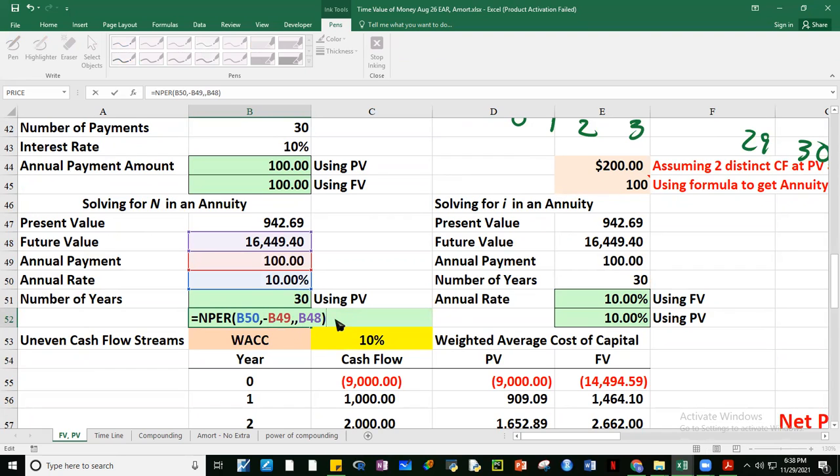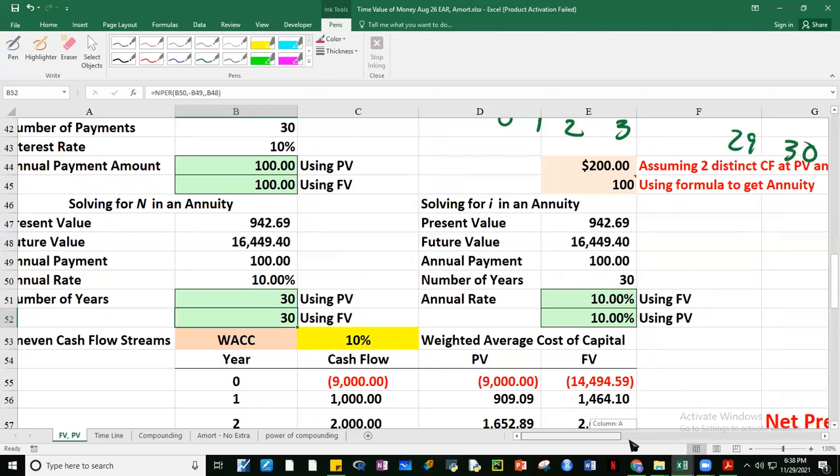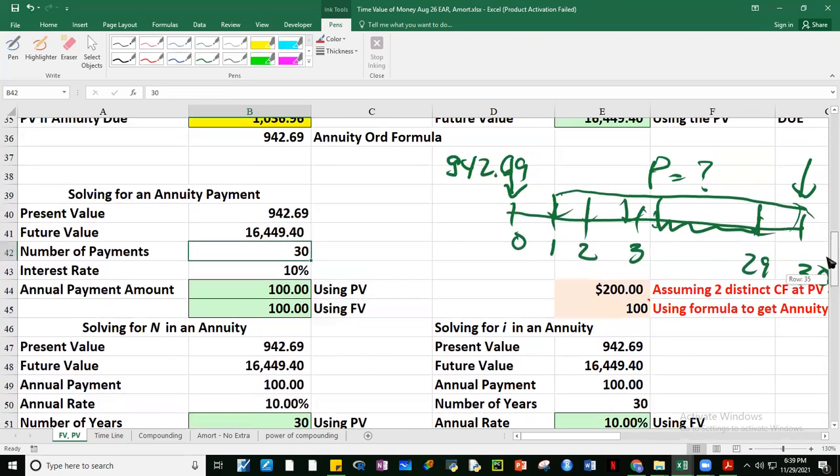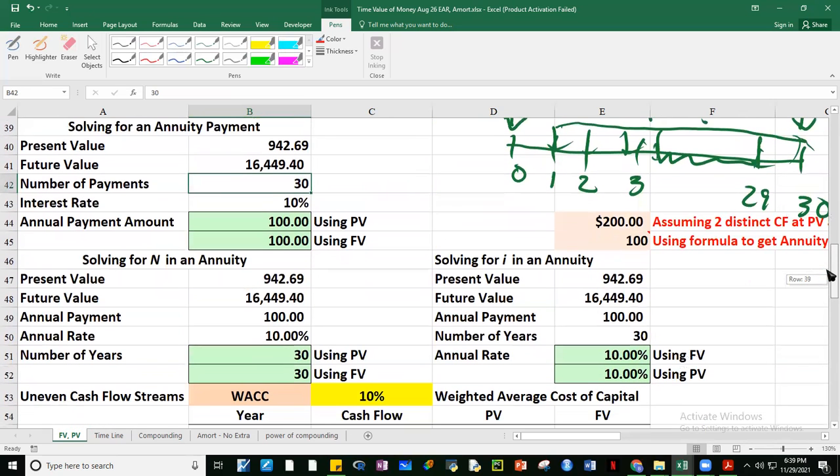It doesn't matter, guys. It gives you the same answer, but you don't put a negative here under NPER. Okay. So it's also 30 years. You should get the same answer because they're just equivalent cash flows. Okay, and then it really came from also 30 years and NPER. So we're just going around in circles here and try to check if tama yung computation natin.